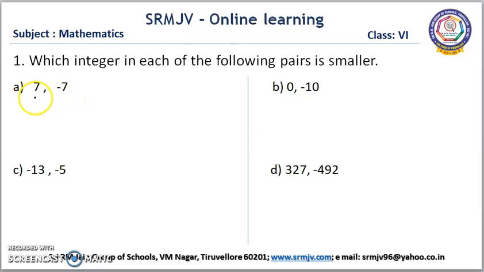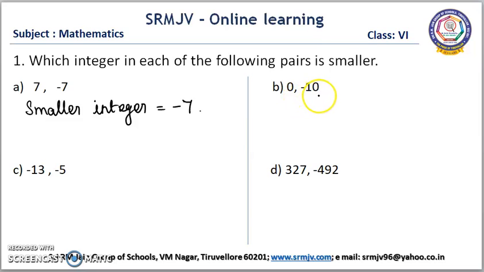The value of the positive integer is always greater than the value of the negative integer. So, minus 7 is the smaller integer. So, the smaller integer is minus 7.